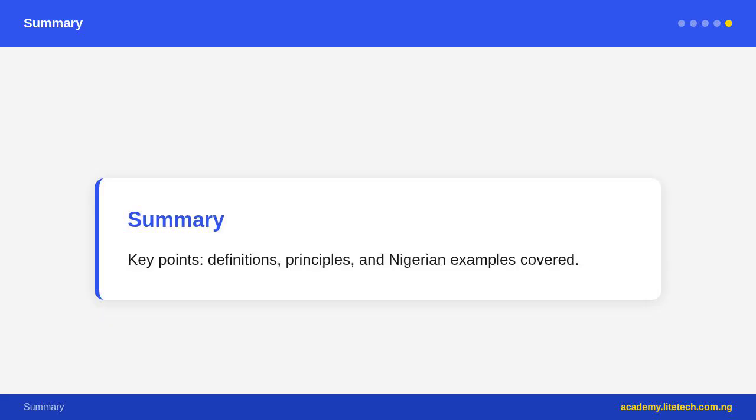WAEC exam tips. 1. Foreign policy definition: government strategy for managing relations with other countries. 2. Section 19, 5 Constitutional Foreign Policy Objectives: National Interest, African Unity, International Cooperation, Respect for Law, Just World Economic Order. 3.